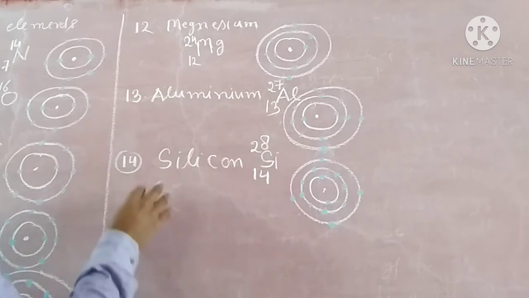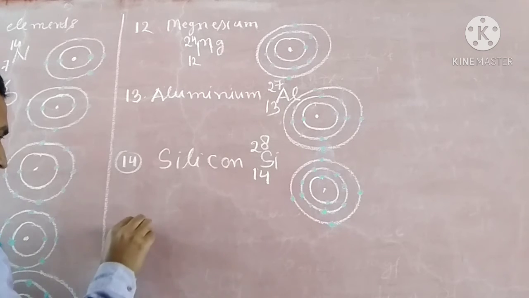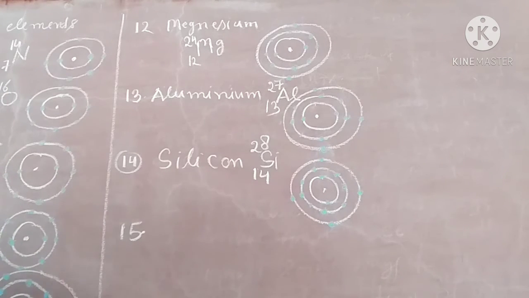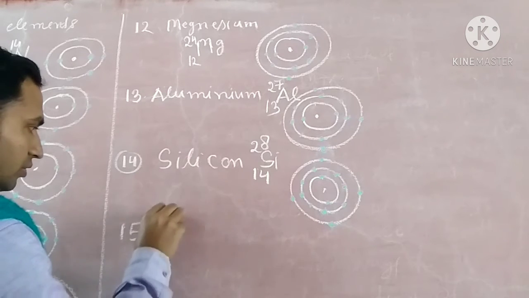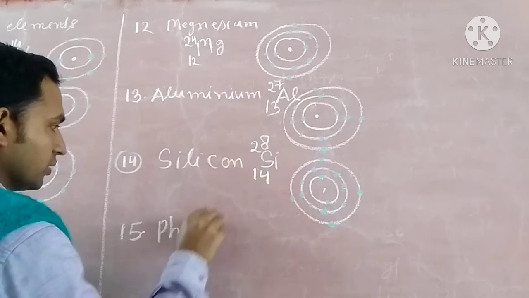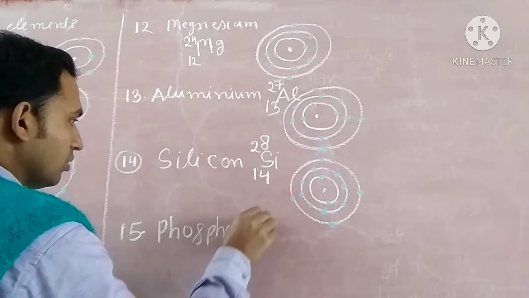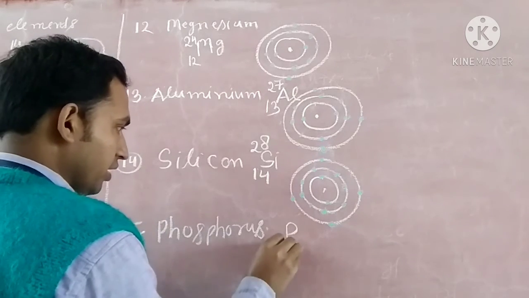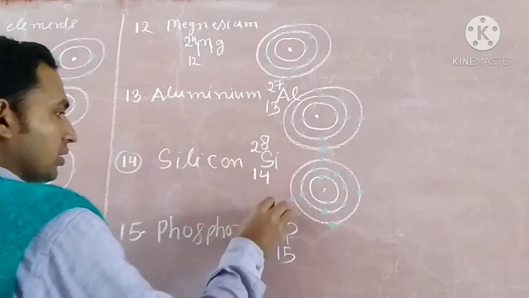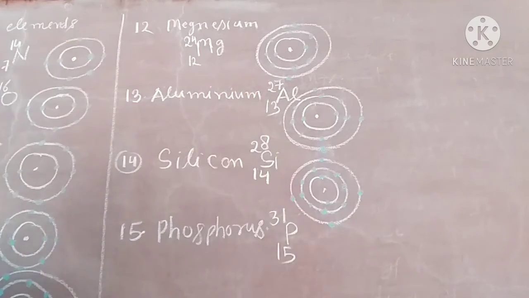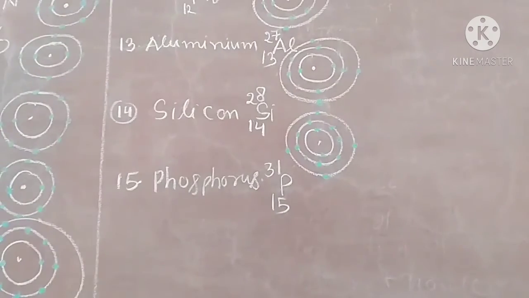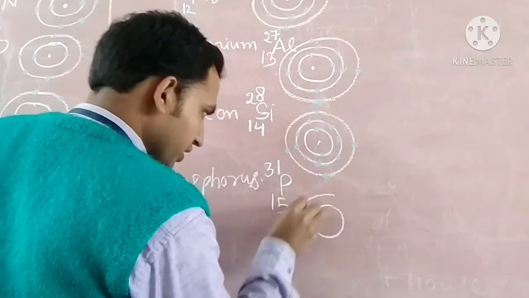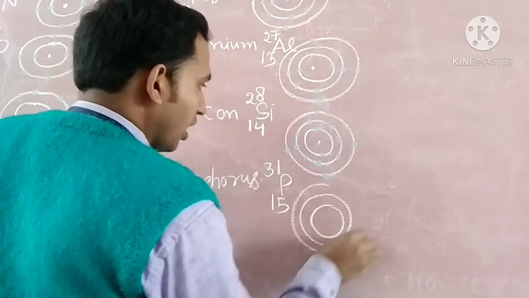Similarly, number 15, the element name is phosphorus. Okay, phosphorus. Its symbol is P. Atomic number 15. Mass number 31, and their schematic diagram: first cell, second cell, and third cell.